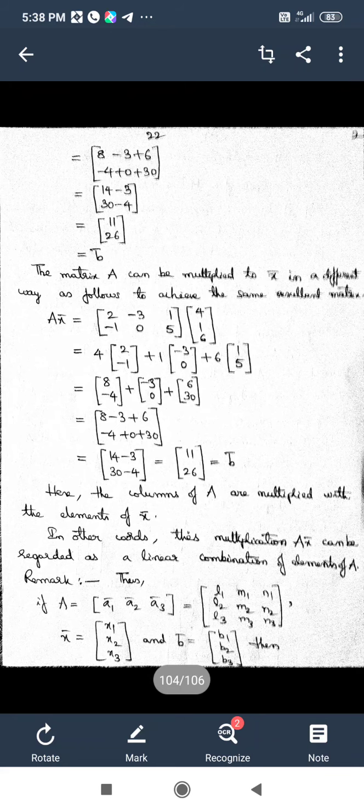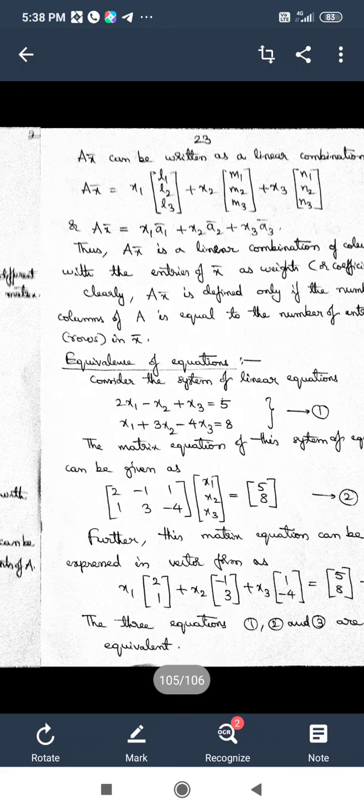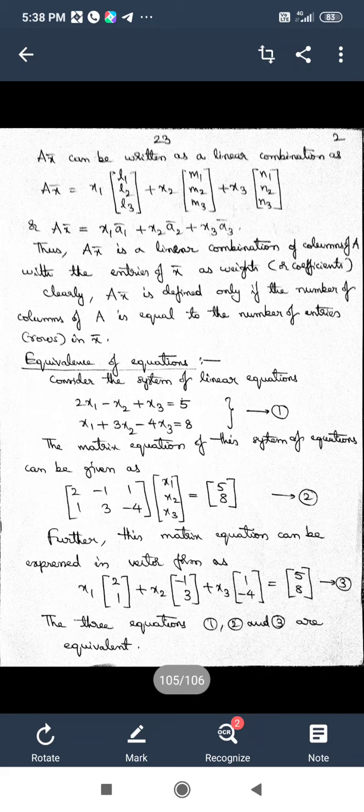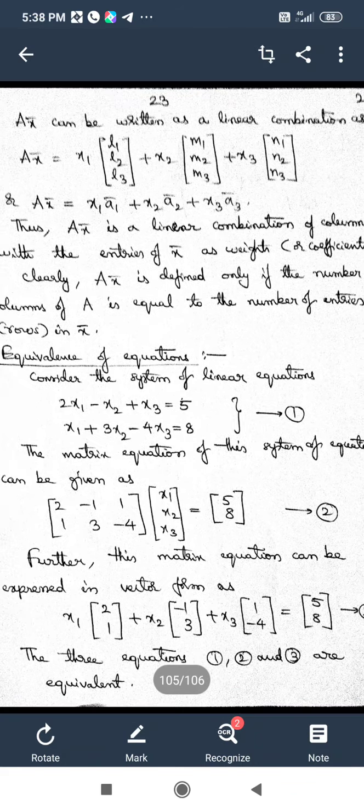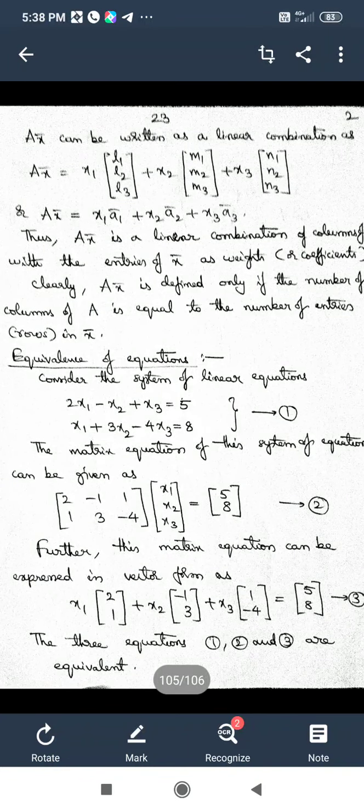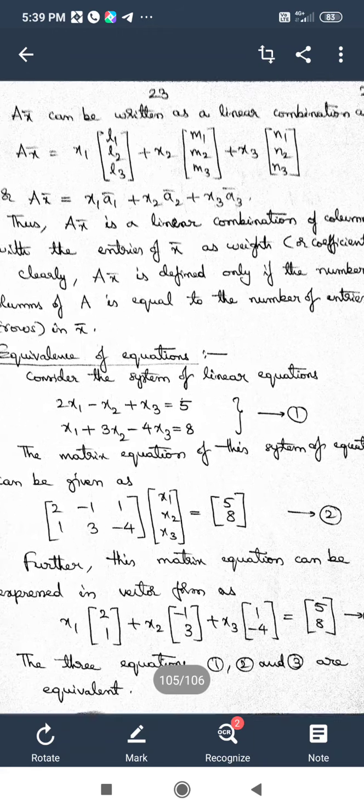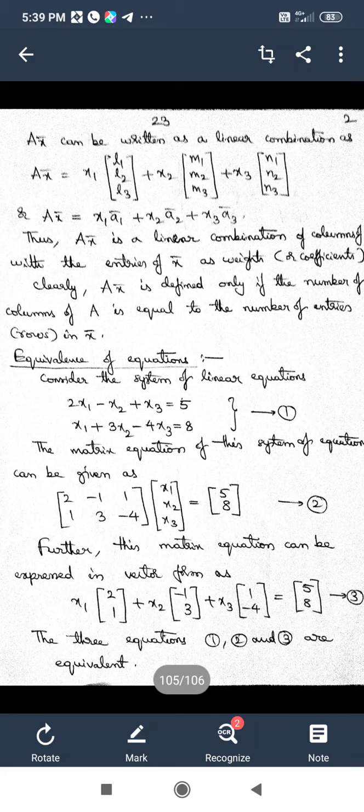If these are the matrices we have considered, then we can give the conclusion from the above explanation that A x bar can be written as a linear combination: A x bar is equal to x1 times the column vector L1, L2, L3 plus x2 times the second column vector of A, that is M1, M2, M3, plus x3 times the third column vector of matrix A, that is N1, N2, N3.